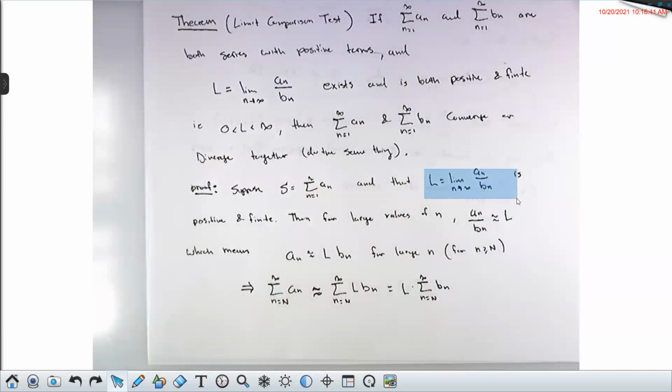So when we say that the limit of an over bn is equal to L, what that means is that the tail of the series sigma an is very, very close to L, some finite number, times the tail of the series sigma bn.